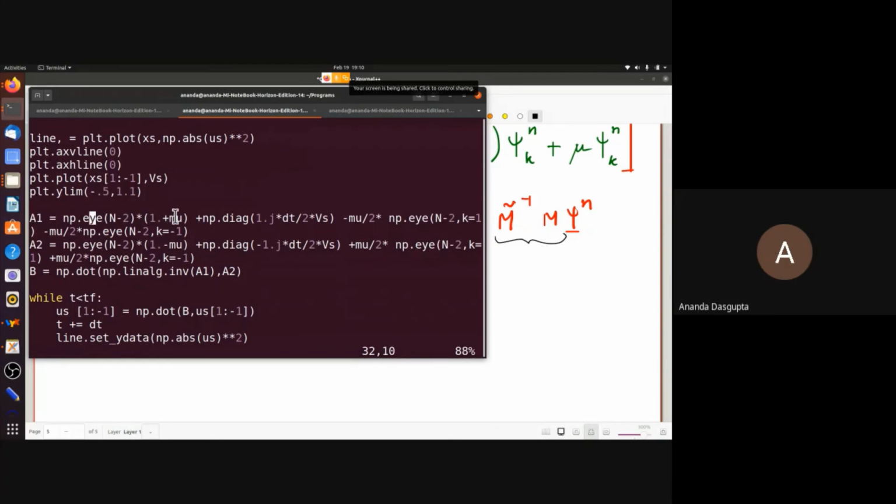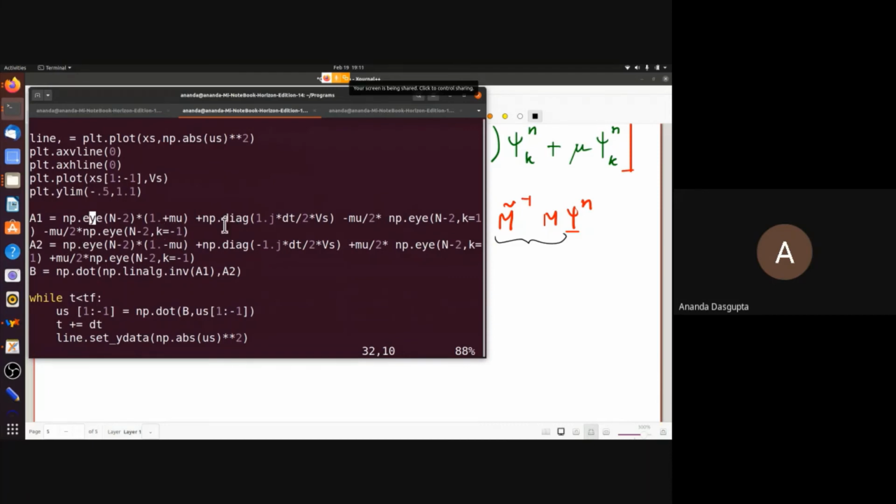You had a 1 plus 2 mu here, you had a minus mu here, and a minus mu here. I am just replacing the mu by half of that. So 1 plus mu, minus mu by 2, minus mu by 2, because of the delta t by 2 thing.